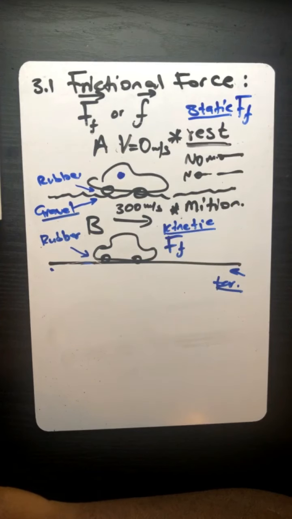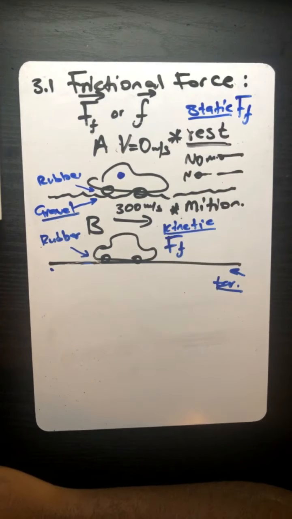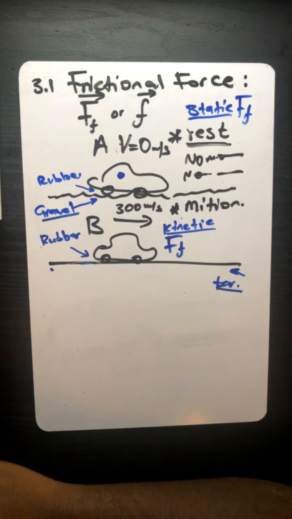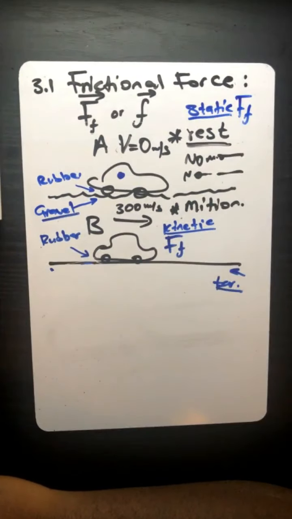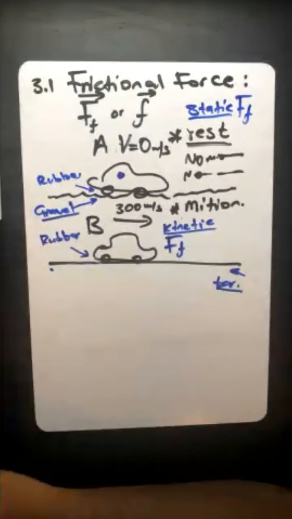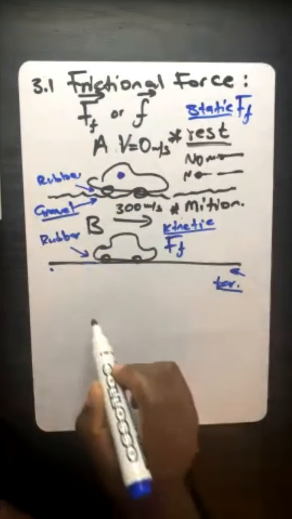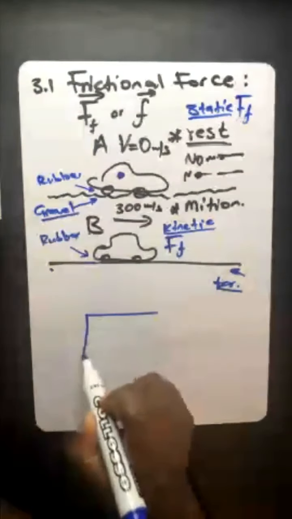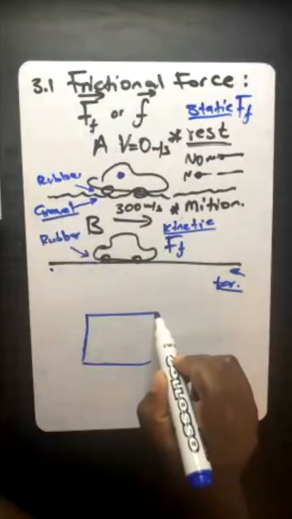I'll give you some more examples, ladies and gentlemen. A still wet ice has a low coefficient of friction, therefore it slides easily. So just think of this as a cube of ice.